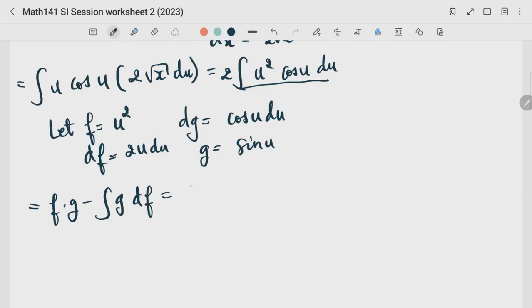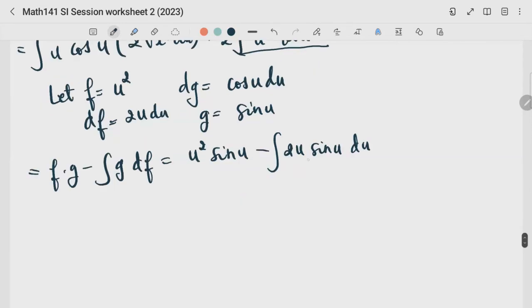Right, so f times g is u squared times sine u minus the integral of g df, which is 2u sine u du.